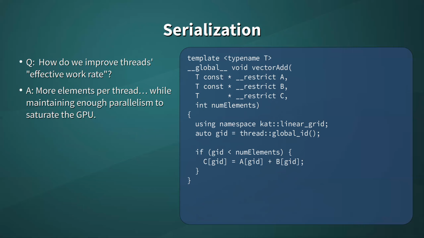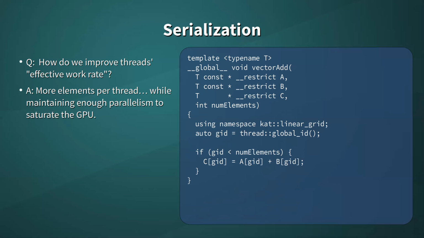Now this is a bit counterintuitive if you haven't tried this yourself, because why do we want to serialize things? The whole idea of using a GPU is that we want to run things in parallel. But we only get benefit from parallelization to the extent of saturating what the GPU offers, of having every streaming multiprocessor and every potential thread or warp that multiprocessor can work on in parallel.